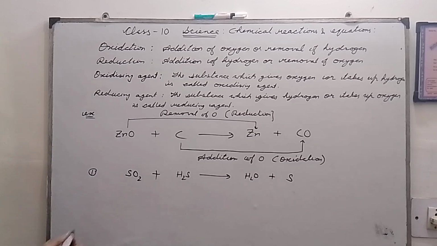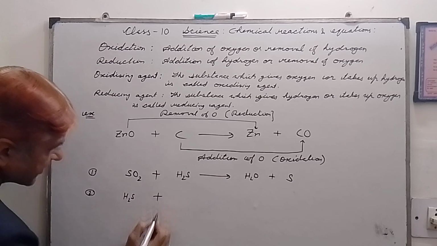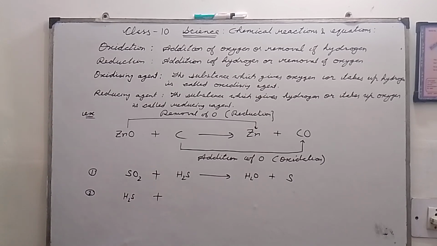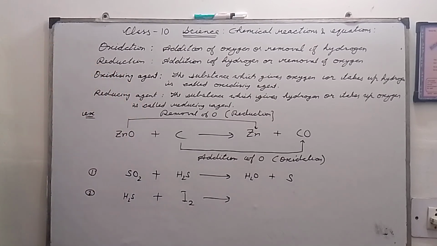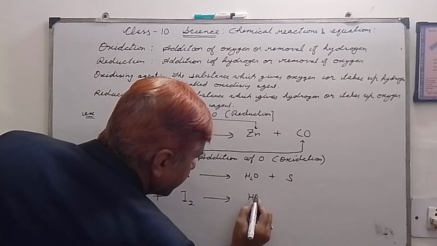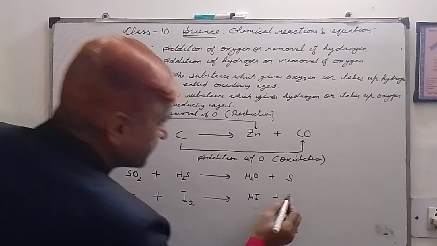One more equation, H2S hydrogen sulfide plus iodine is equal to hydrogen iodide plus sulfur.